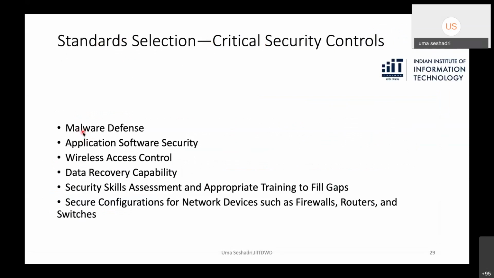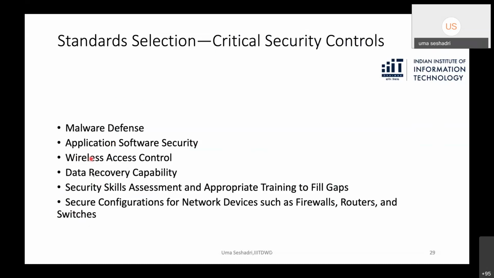You can go for malware defense, application software security, or only wireless access control, data recovery capability. Look at what is more critical to the organization, because it is very difficult to implement all the security controls for all types of activities.